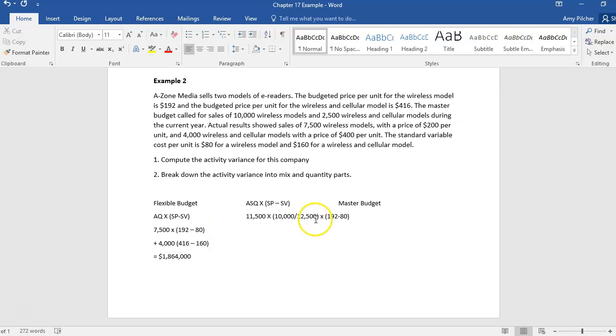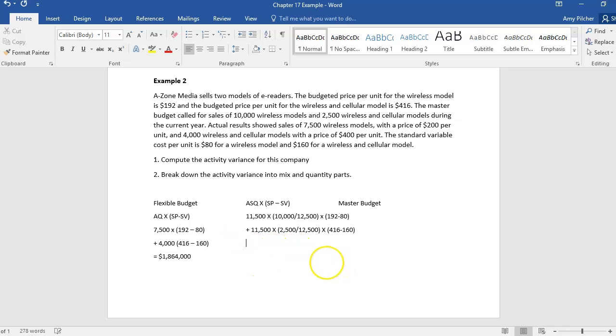We're going to add that to the same exact thing for the cellular and wireless models that we expected to sell 2,500 of our total 12,500 times $416 minus $160 cost.